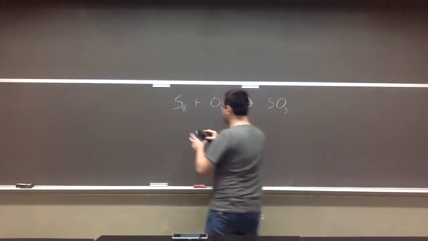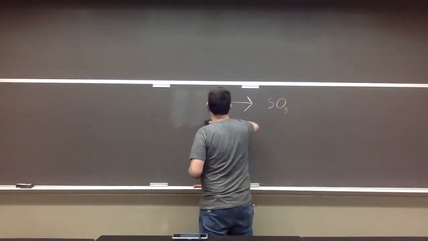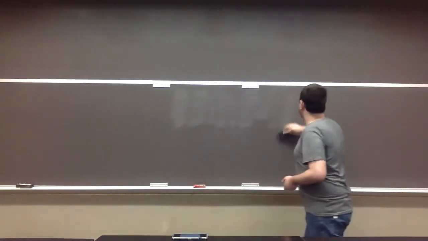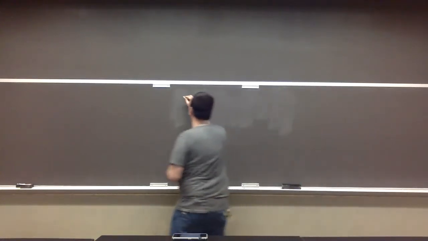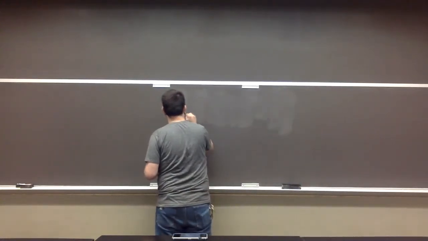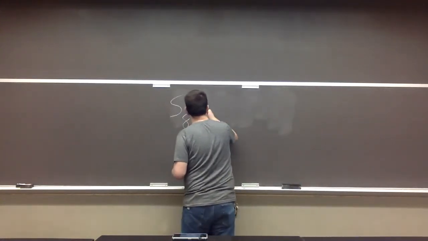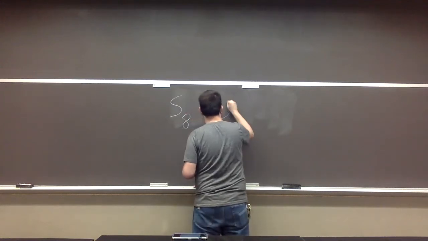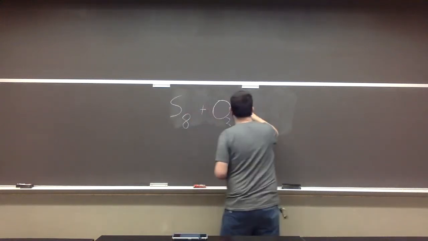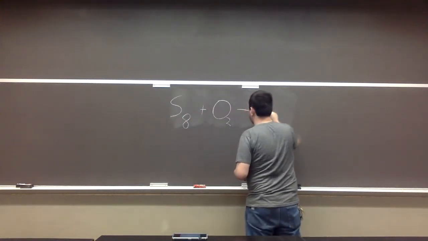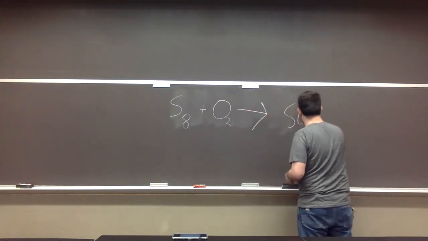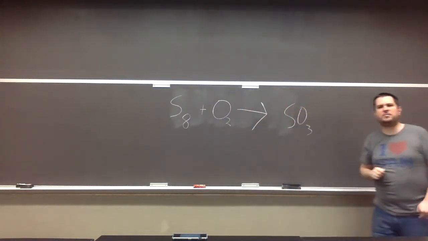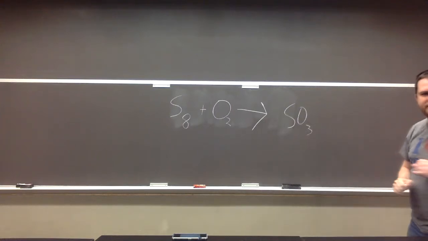Here, I'll draw them a little bit bigger since we are now in the lecture hall and we're a little bit farther away from the board. There we go. That should be much easier to see.